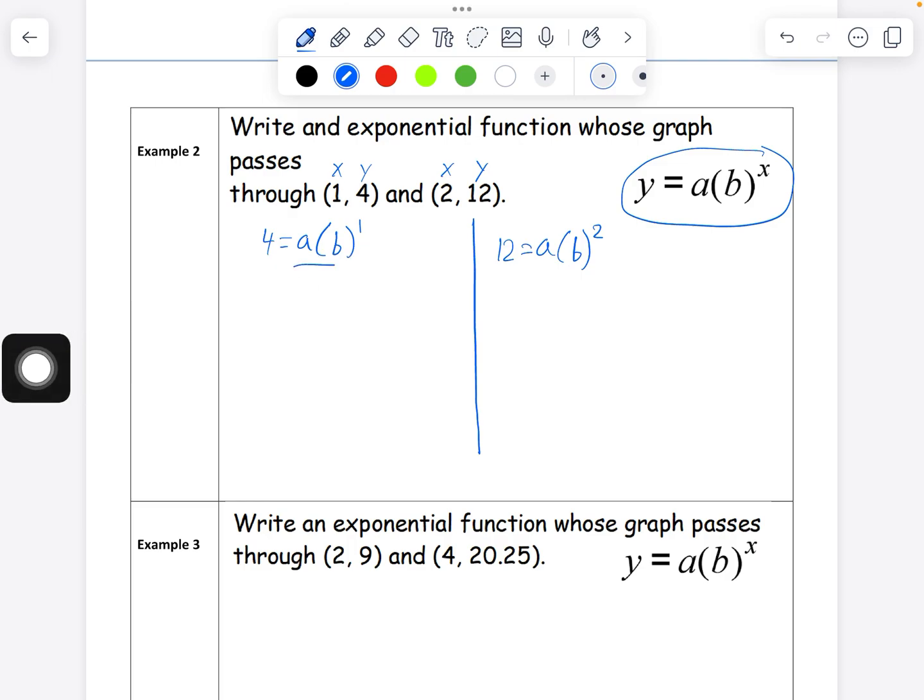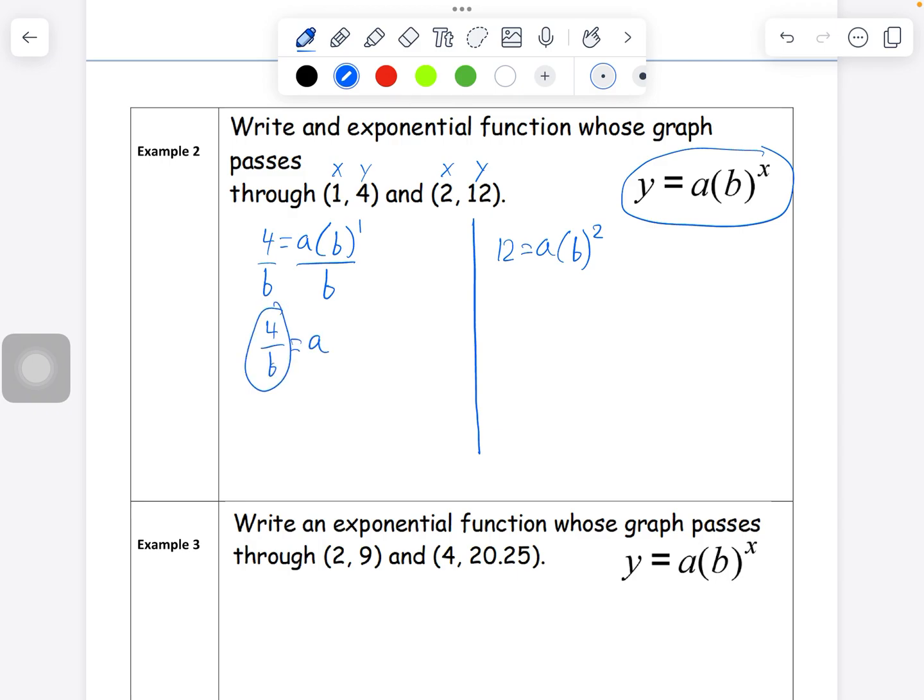So I'm going to divide this side by a. Actually, no. We're going to solve for a, so I'm going to divide by b. I promise you it'll be better this way. So I would have 4 over b is equal to a.